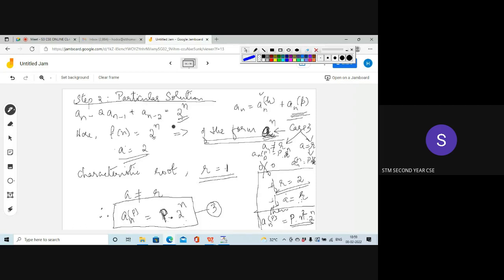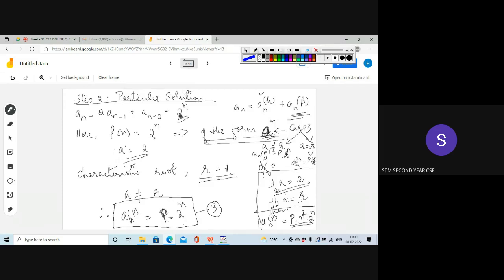So in this question given to us, we find that a is equal to 2 and the root that we obtained r is equal to 1. So a is not equal to r, which means our particular solution an of p is equal to p into 2 raised to n. That is a raised to n, 2 raised to n. What is given in the right hand side, you have to write it as such, a raised to n.